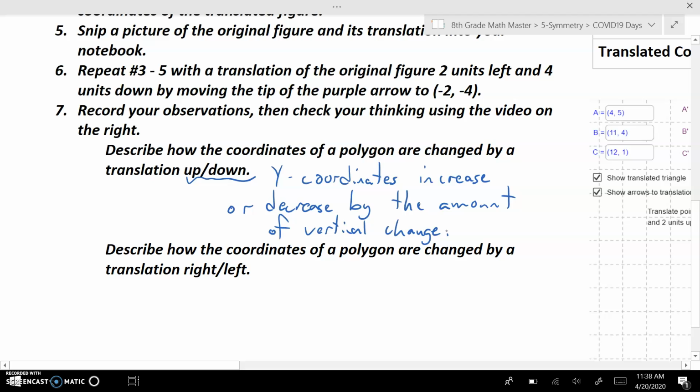So we're just taking the y coordinates and adding or subtracting whatever number it is that we're moving it up or down by. Moving it up by 2, we add 2 to all the y's. Moving it down by 4, we subtract 4 from all the y values.